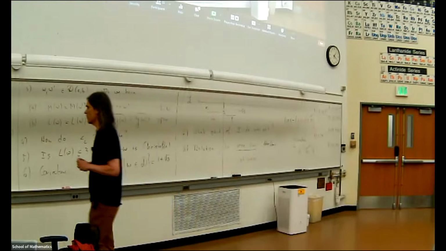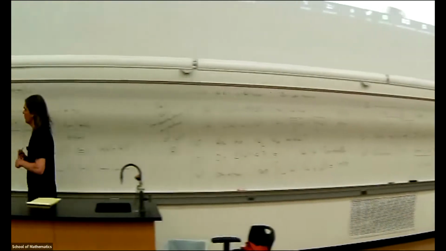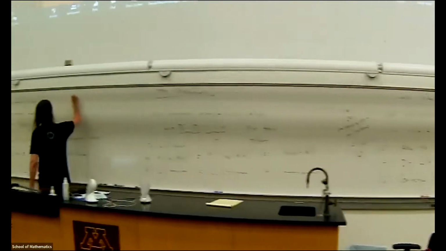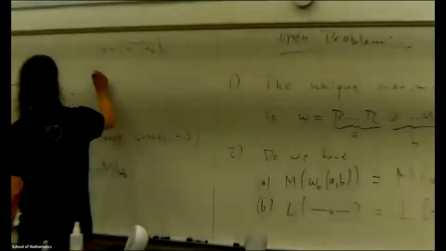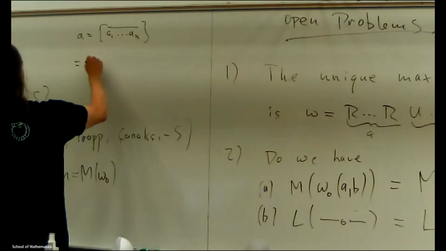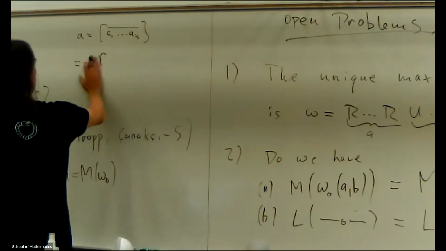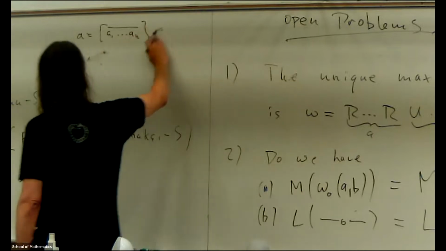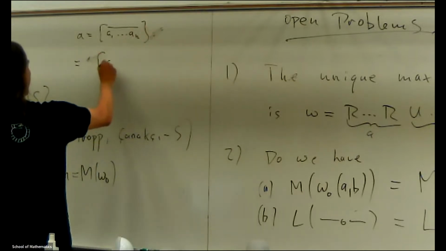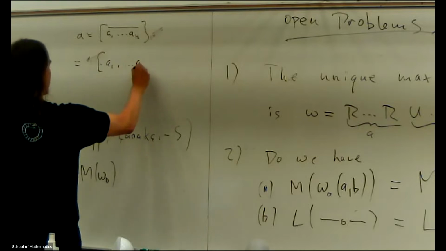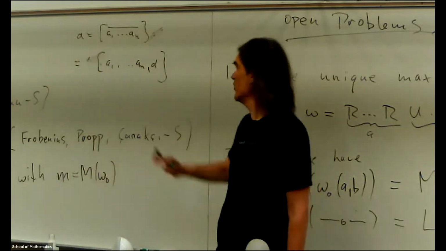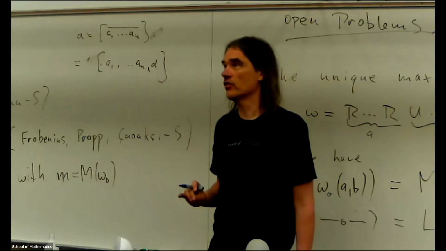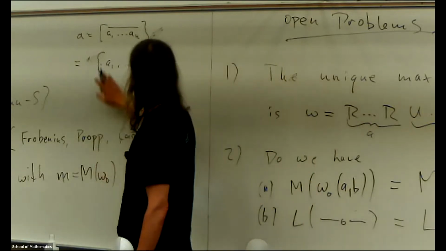Whenever you have a periodic continued fraction, this is the same as A1, ..., AN, alpha. And now it's just like a finite continued fraction. And then the denominator is when you drop this.